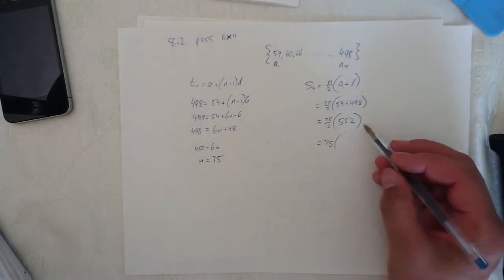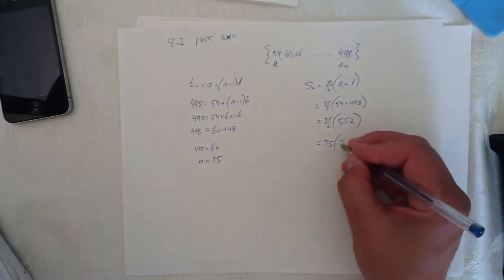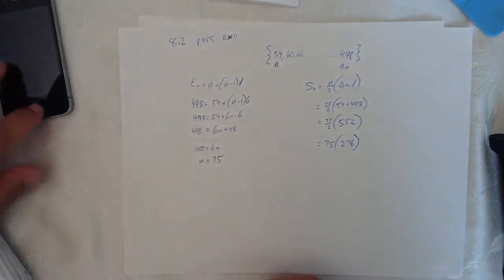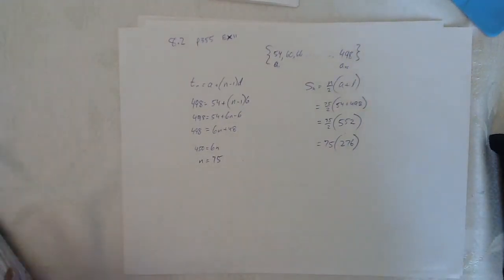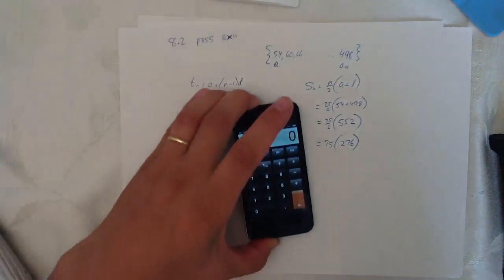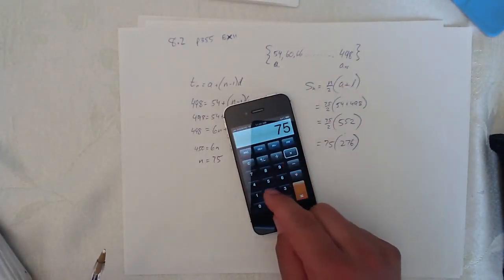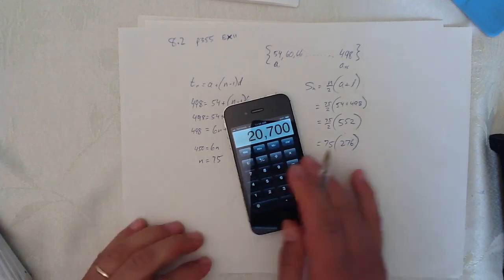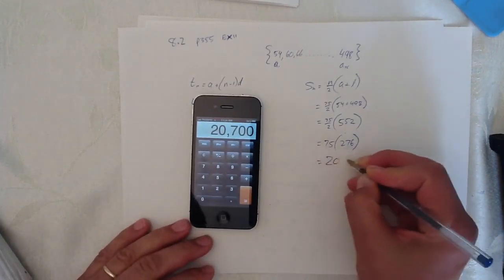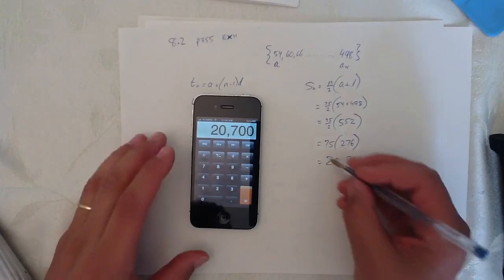It'll work out the same. That's 250, 275, 276. And that is a great big number which will require the use of my calculator. 75 times 276 equals 20,700 is our answer.